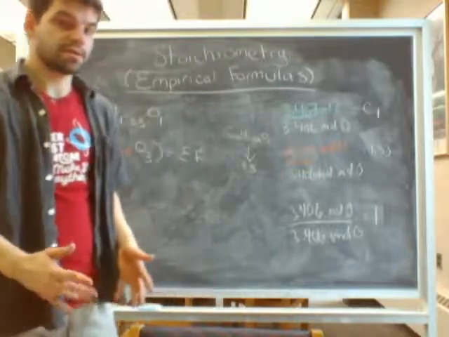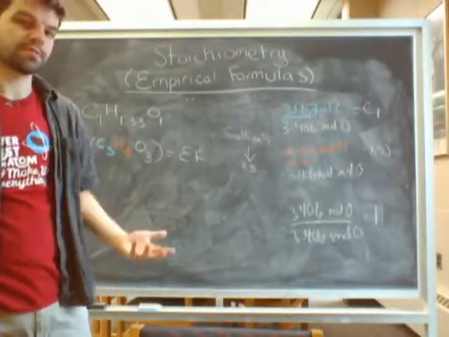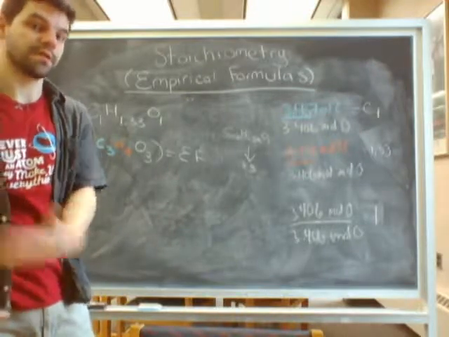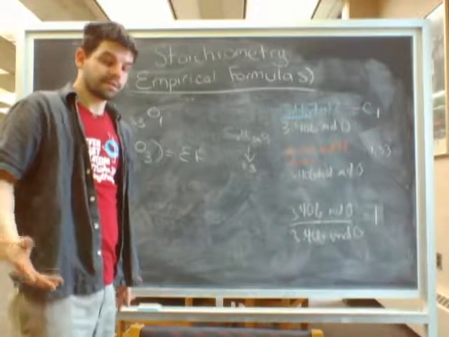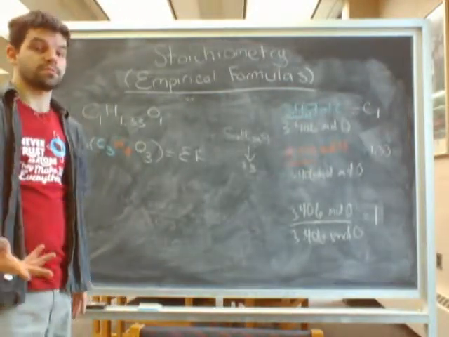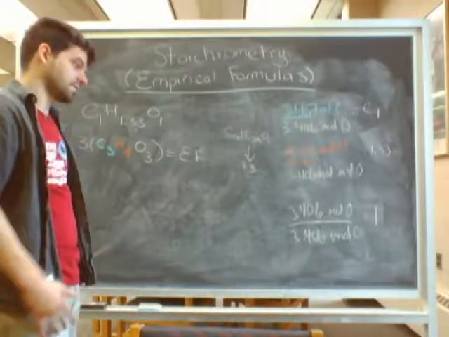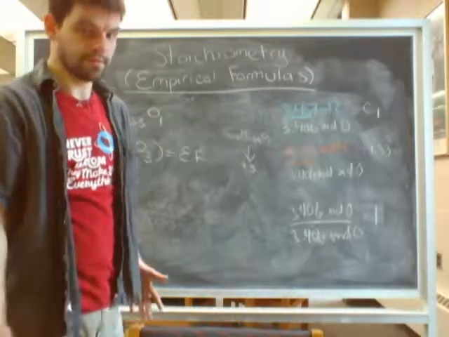The second step is finding the smallest molar ratio, which is determined by taking your smallest number of moles and dividing all of your element moles by it. And then if you run into a fraction, you get rid of the fraction by multiplying by the inverse of it. So if it's 1/3, you multiply by 3. If it's 1/5, you multiply by 5.